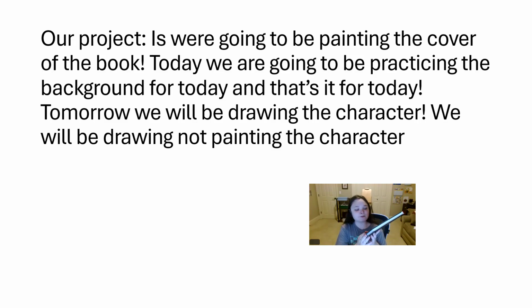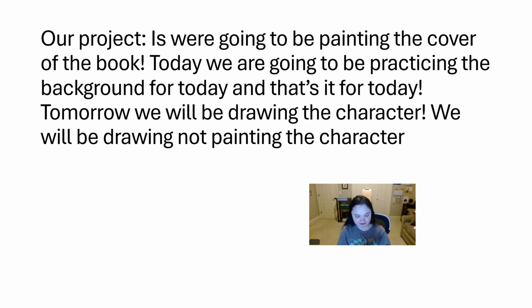Tomorrow we will be drawing the character, and along with the background here, we're going to be ignoring Anne's family members. So Otto, Margot, Edith, and then Peter's family. We're going to be ignoring all the people in the back, but we're not going to be ignoring all the background in it.